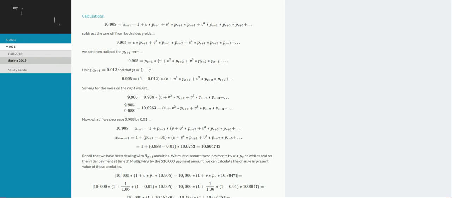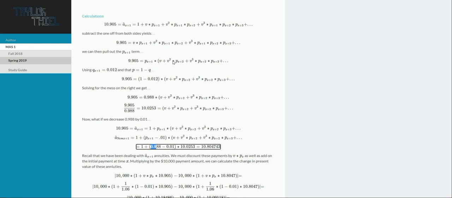We do that by substituting for P subscript X plus 1, 1 minus the death rate, which was 1.2%. Finally, we get that this mess on the right is equal to 10.0253. We can then go back to that formula and consider the death rate increasing by 1 percentage point, which is the same as the survival rate decreasing by 1 percentage point.